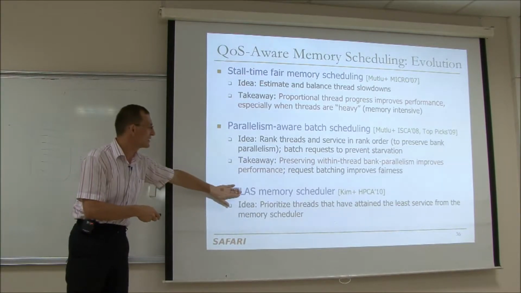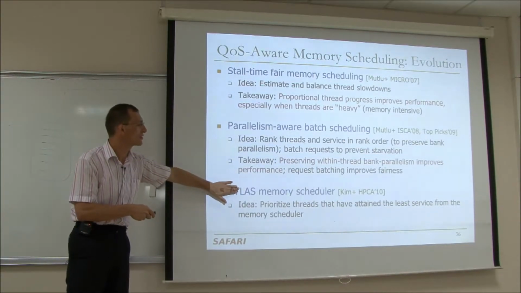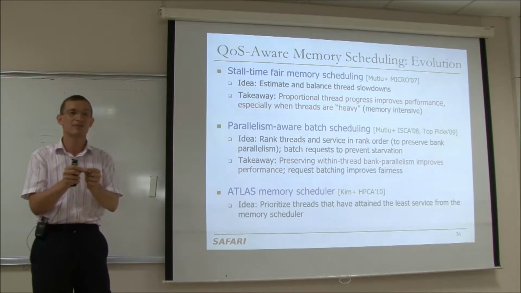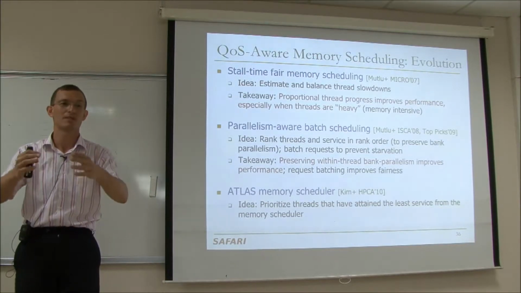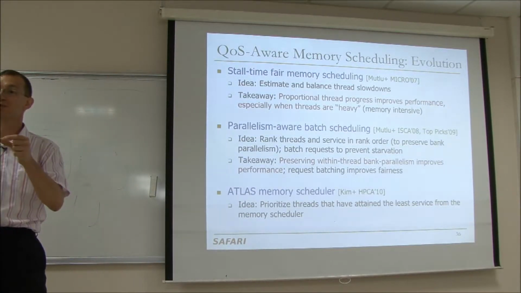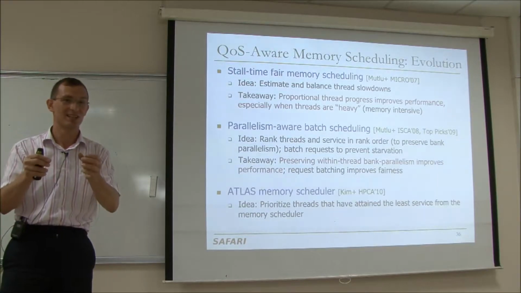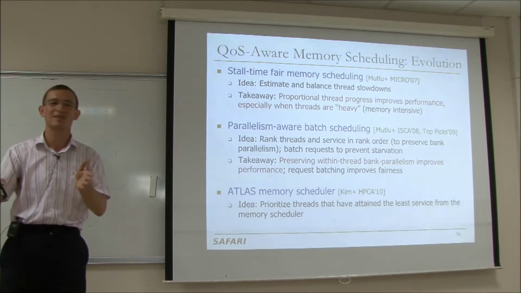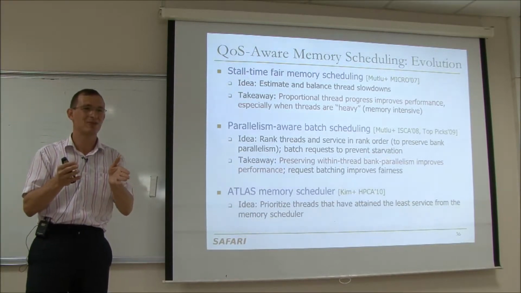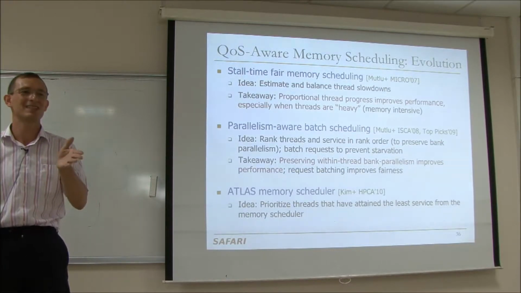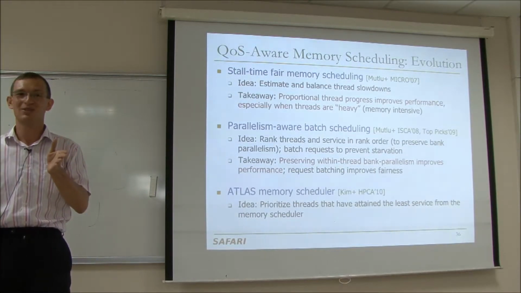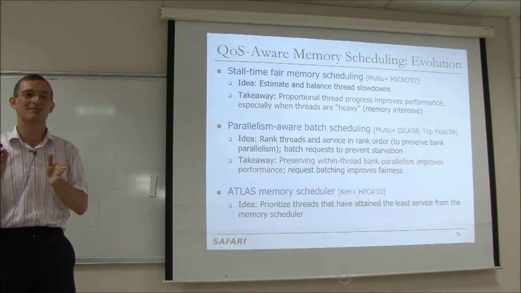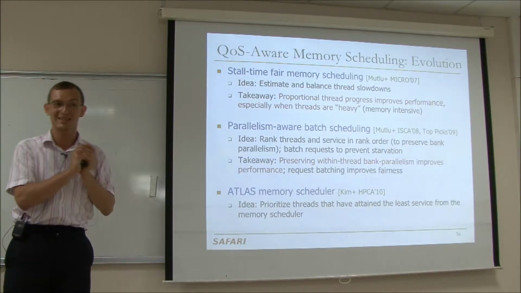So it actually makes sense to prioritize those threads that are not very intensive, because that improves overall system performance, because those threads have the most potential to keep their cores busy. Whereas threads that are generating lots of requests are slow anyway, right? If you delay them a little bit, maybe it doesn't matter that much. Whereas if you delay a thread that has only one request a little bit, that matters for that thread.